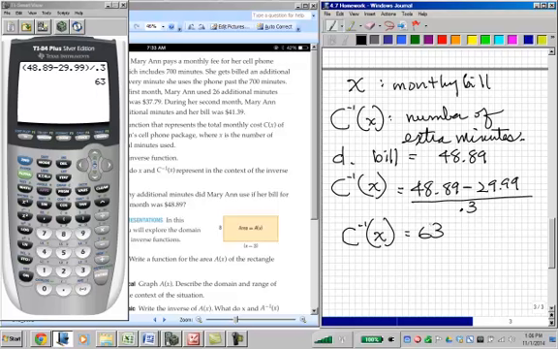Let me look at the book, and that's 63. 63 additional minutes in the third month. Okay, I'm just going to post this one problem now.